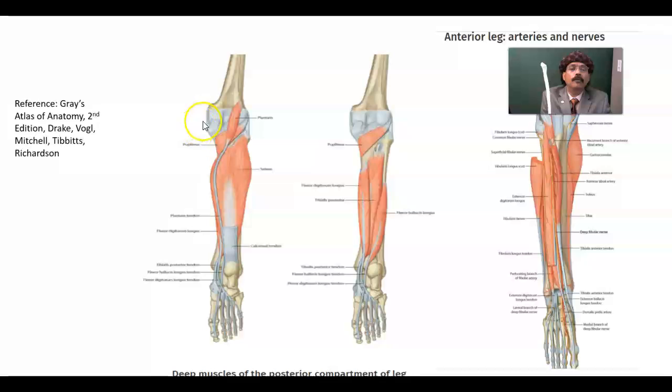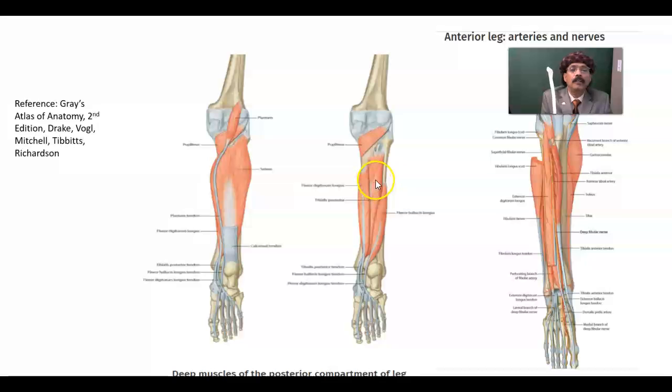Okay, so here is the fibula, the lateral muscle, flexor hallucis longus. The tibialis posterior takes origin from both the tibia and fibula plus the interosseous membrane.